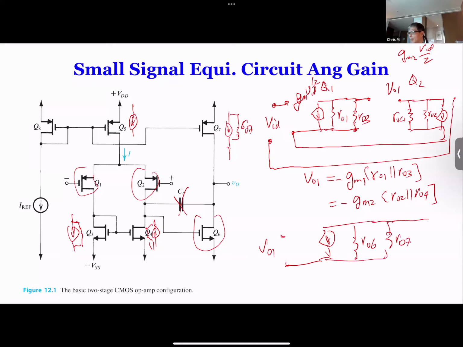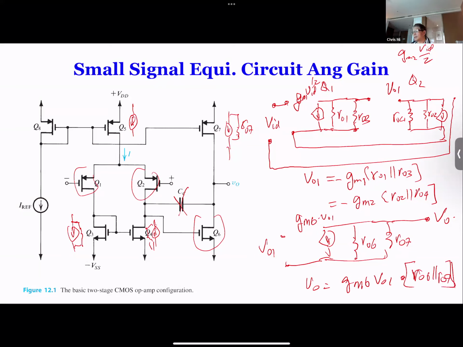The output is taken at VO over here. This is GM6 times VO1. So your output is equal to GM6 times VO1, times RO6 in parallel with RO7.